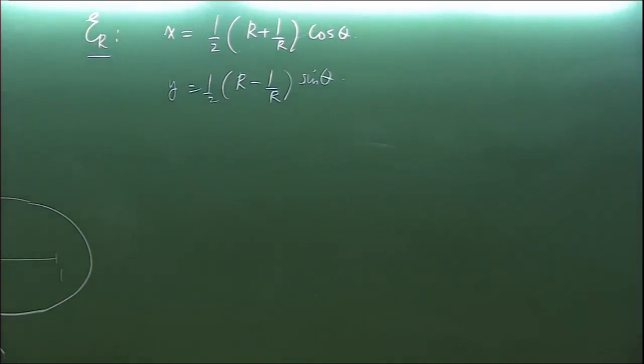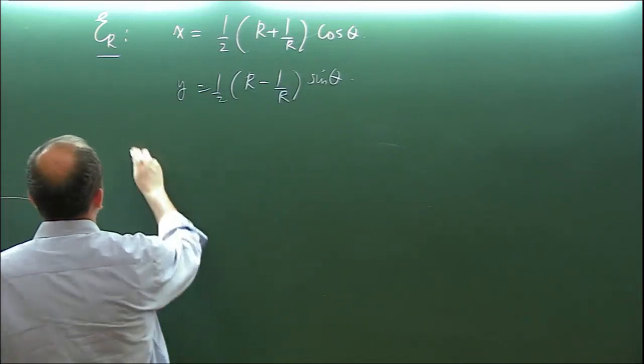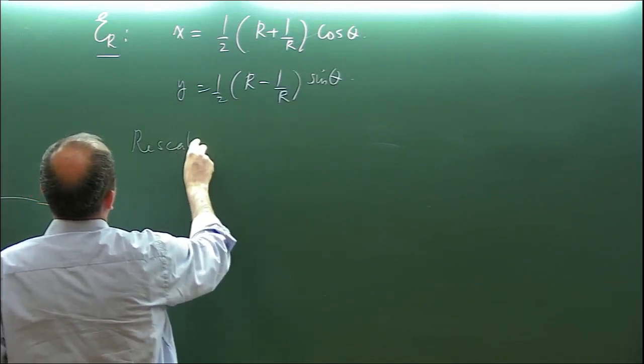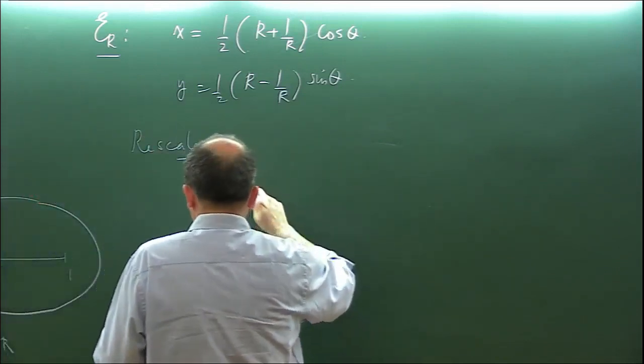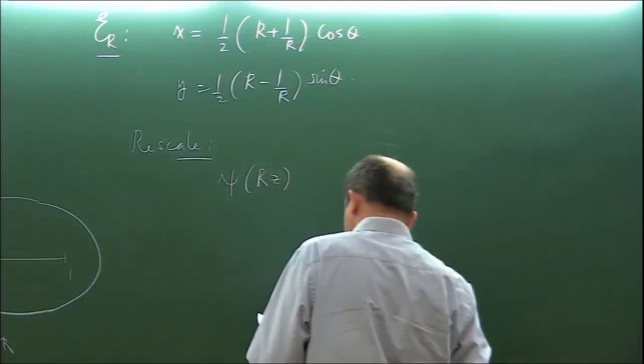So now we would like to use this map psi to create a Riemann map from the unit disk. So first of all, I'm going to scale this picture, shift r to 1. So rescale, and you get the map psi of rz.